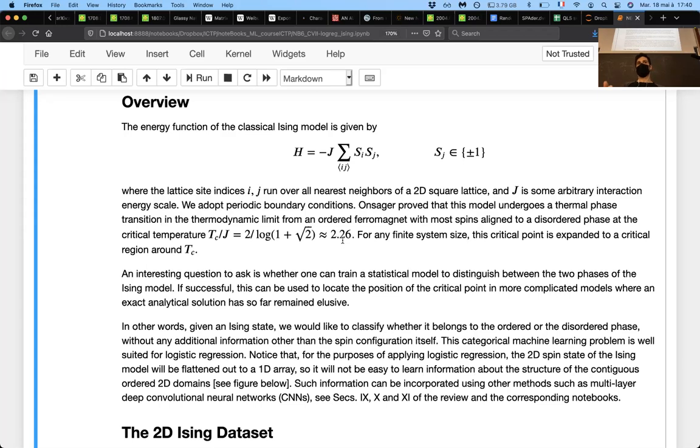And when we say exactly, what does it mean? In statistical physics, it means in the thermodynamic limit, in the limit of infinitely large system. When you have a very, very large system, the phase transition is precisely at this temperature. Of course, for finite size, if you take a finite number of spins, the phase transition is not well defined.